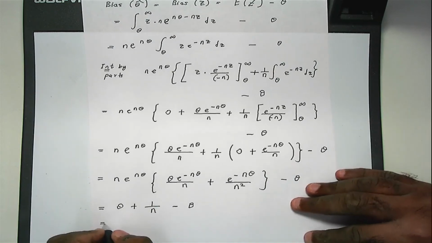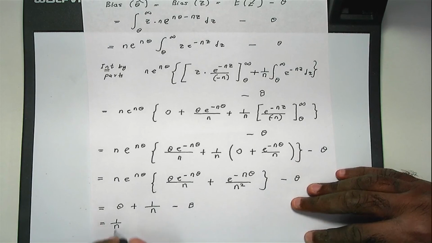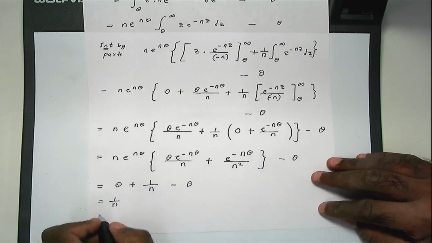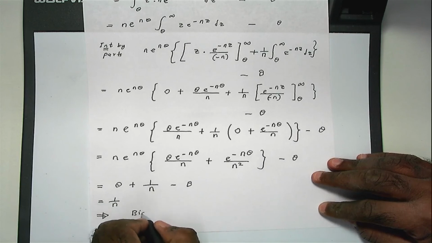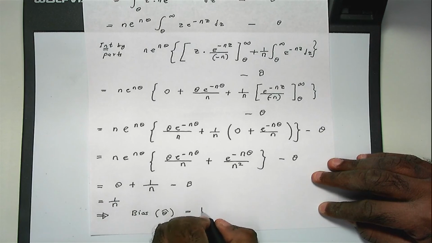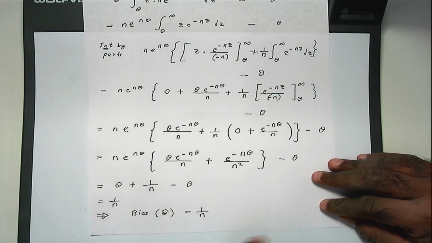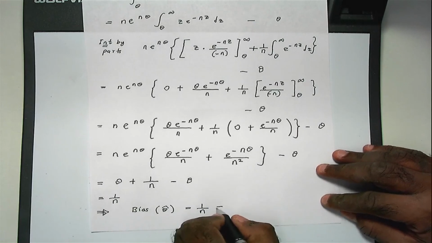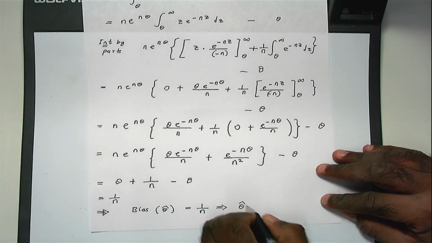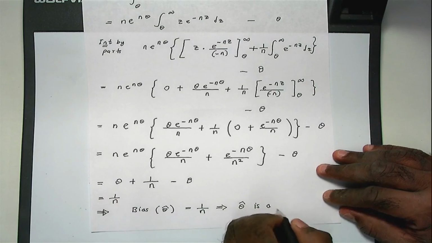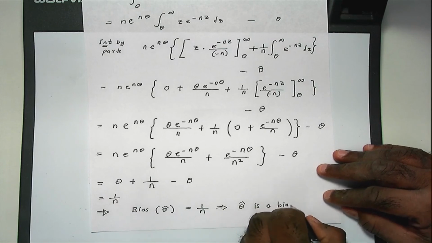So what we have shown so far is that the bias of theta hat is equal to 1 over n. So this implies that theta hat is a biased estimator.